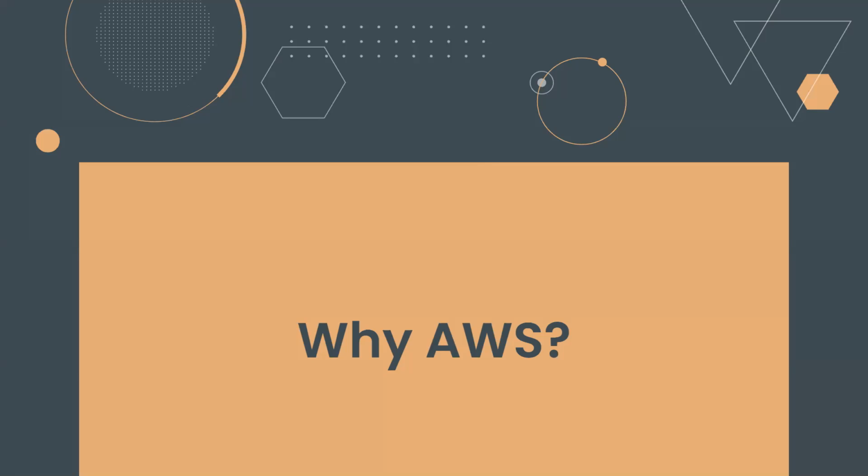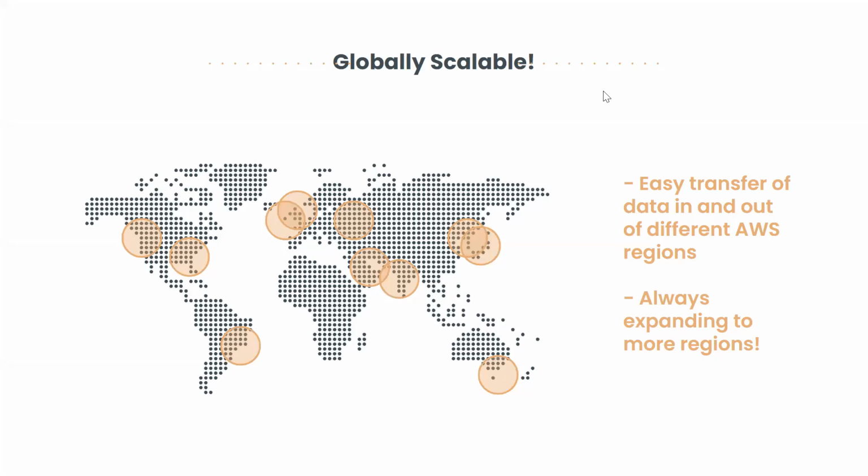And there are a couple big reasons. One is that it's globally scalable. It's very easy to transfer data in and out of different AWS regions, and they're always expanding to more regions. I was an intern at AWS over the past summer, and I was able to work with data from a wide range of different AWS regions, from Seoul and Tokyo to Mumbai, Bahrain, Stockholm, London.